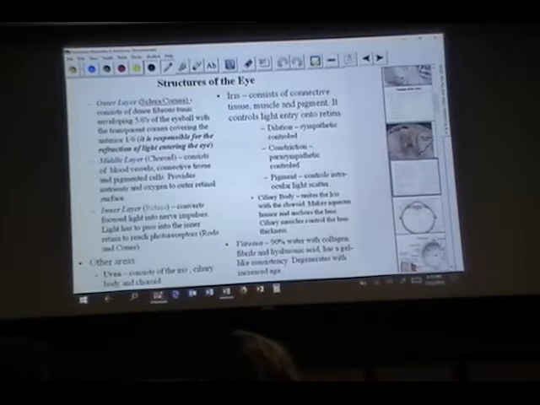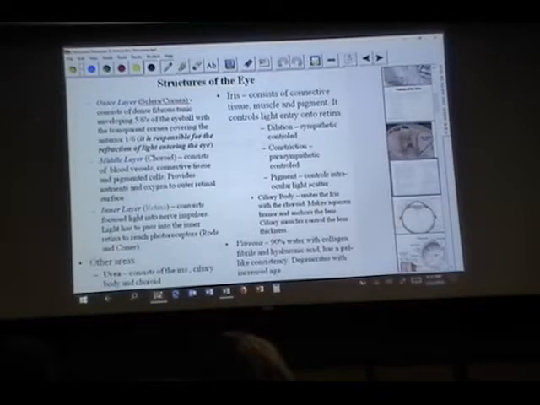The last sixth of the covering is in the front of the eyeball, and this is a transparent surface that's referred to as the cornea. But the scleral corneal surface is basically unified as one, and it will contain everything else within the confines of the eyeball. Okay.